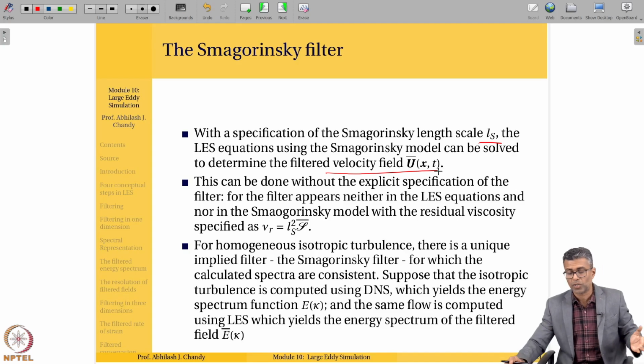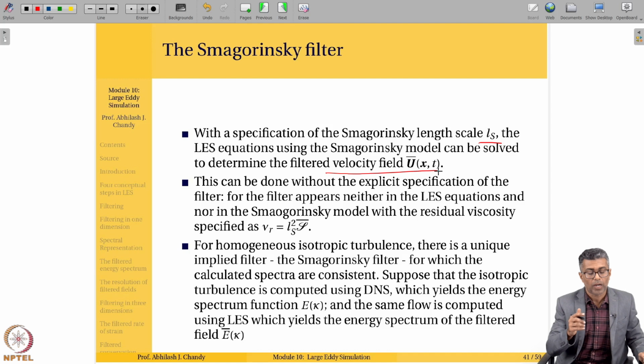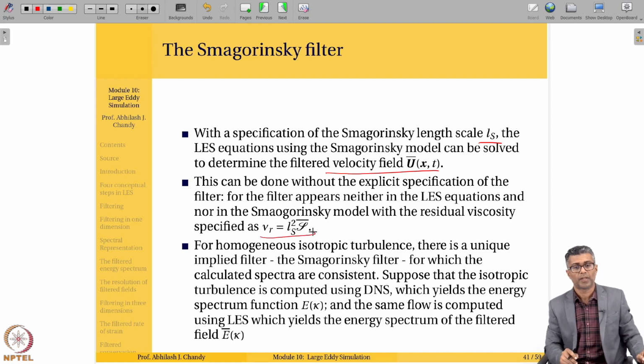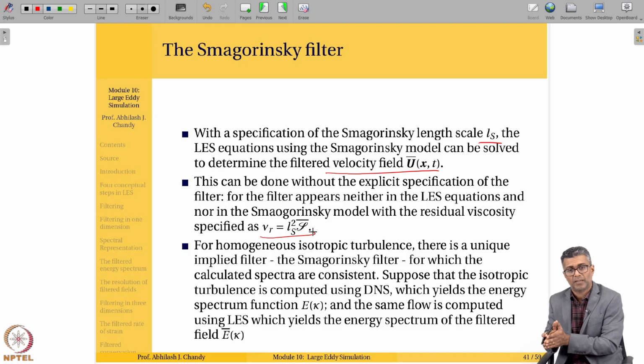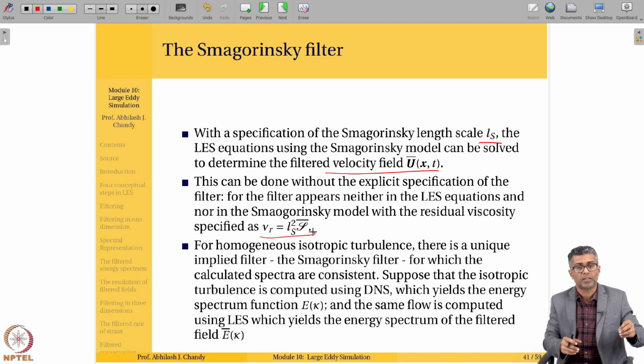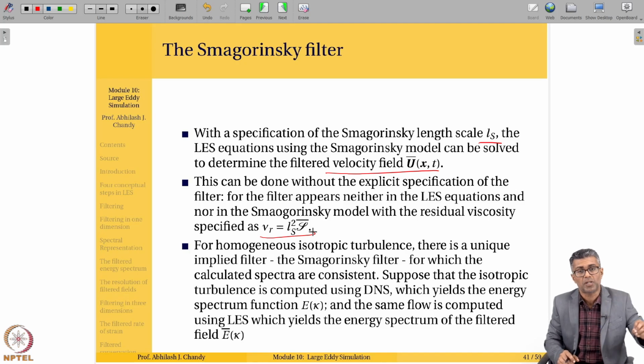You do not see where the delta is appearing. All you have is nu r equals LS squared times S bar, and you are saying that it scales with delta. I'm not talking about the filter width, I'm talking about the filter itself. So it's sort of an implicit filter. You don't have an explicit specification of the filter.